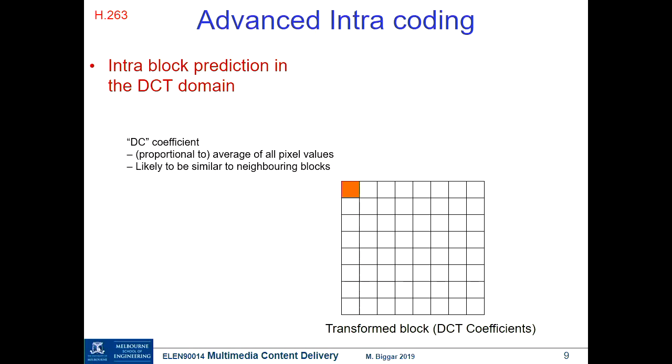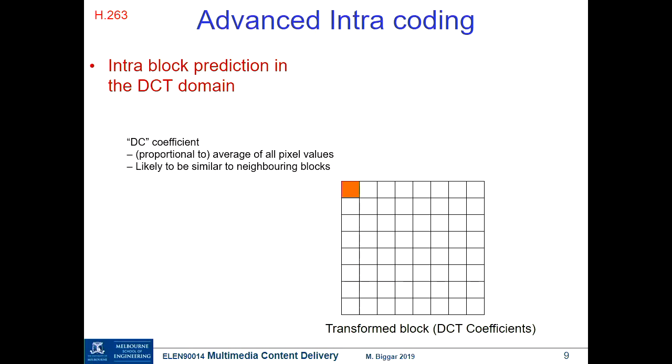And for that reason, it's encoded differentially. So for the DC component of each 8x8 DCT block, the coefficient is encoded as a difference from its previous neighbour. We talked about this in JPEG at least.